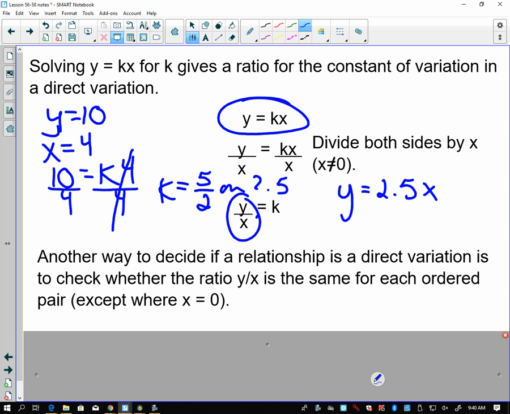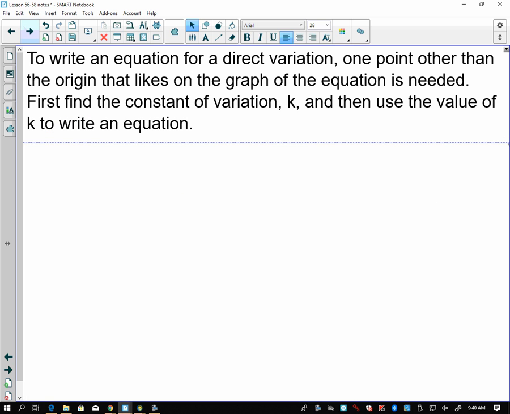Because they might give me a set of data, a whole bunch of x's and a whole bunch of y's. I would want to see, does y divided by x equal 2.5 every time? And that's going to tell me it's direct variation because the constant remains the same. Because if the constant isn't constant, then it's not direct variation. Does this make sense?